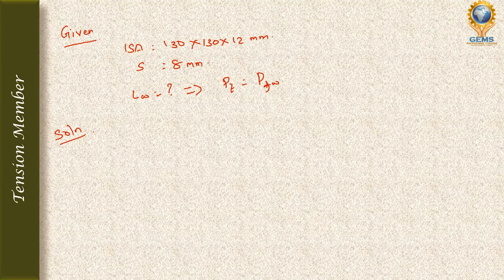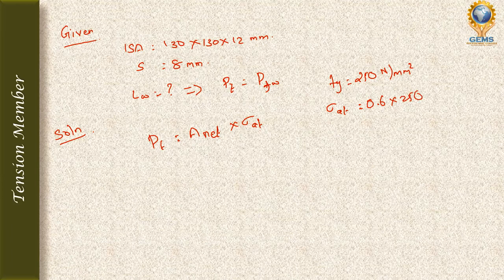So what is the tensile strength of the angle? That is area of the net into sigma AT. Assume Fy is 250 Newton per mm square. So sigma AT is equal to 0.6 into 250, that is 150 Newton per mm square.